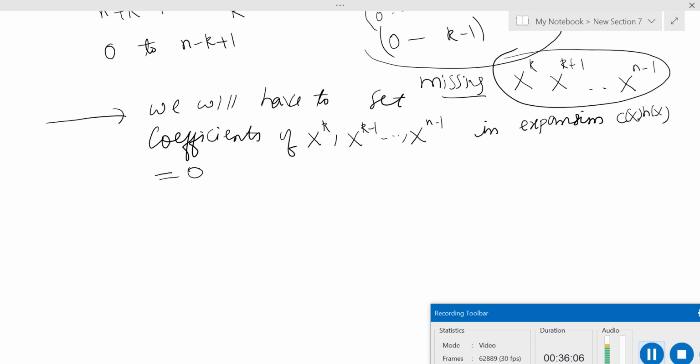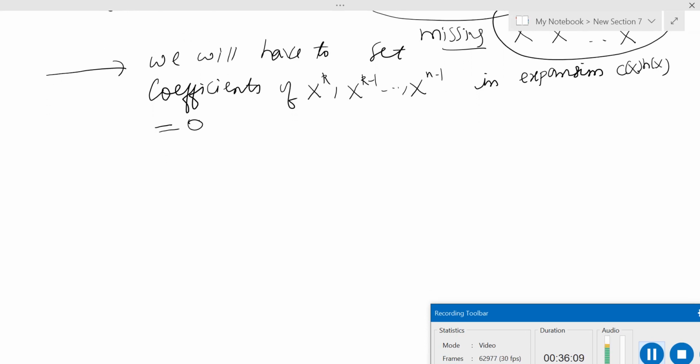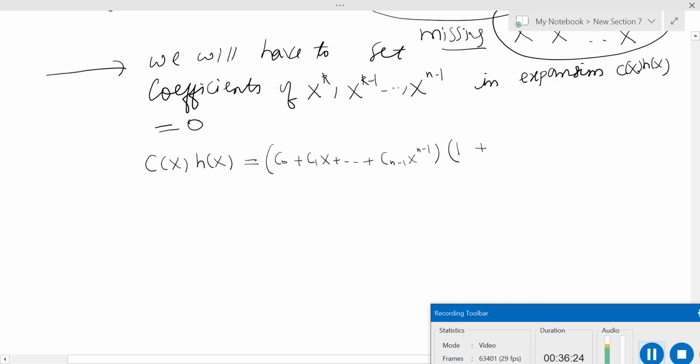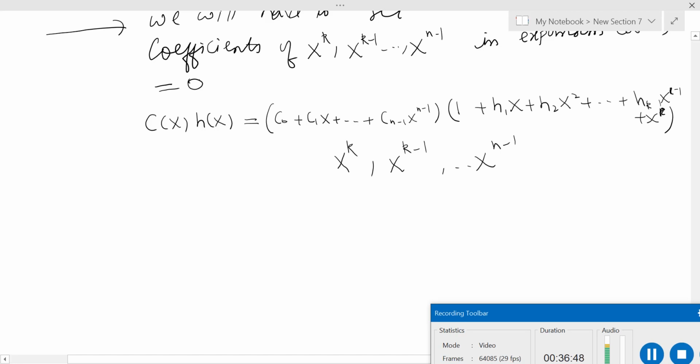When you multiply c x h x and identify the coefficients, suppose you write c of x times h of x as c naught plus c1 x plus up to c n minus 1 x to the power n minus 1, times 1 plus h1 x plus h2 x square plus up to h k minus 1 x to the power k minus 1 plus x to the power k. You multiply them and find the terms which have degrees x to the power k, x to the power k plus 1, up to x to the power n minus 1, and put that equal to 0.